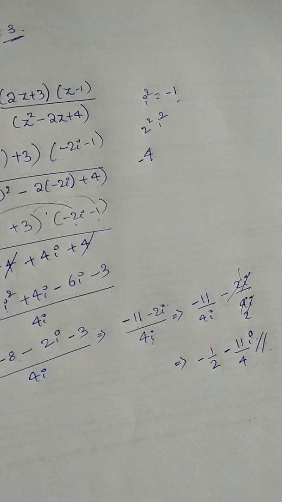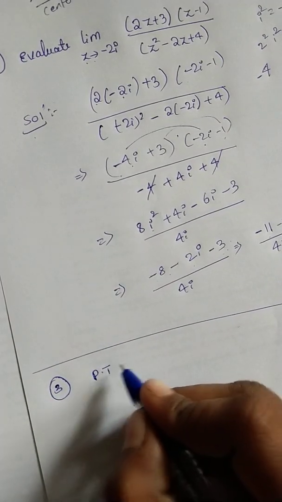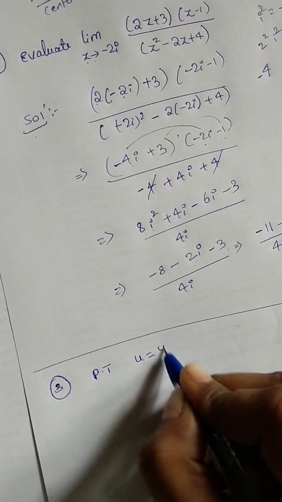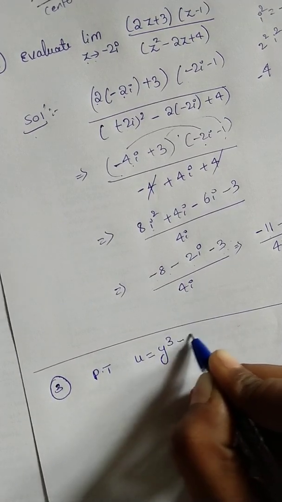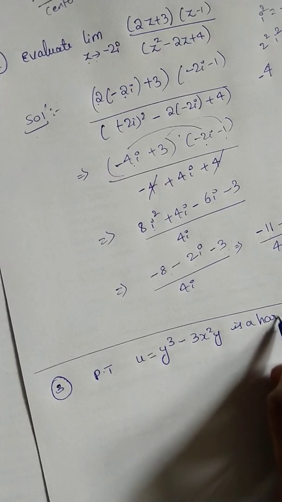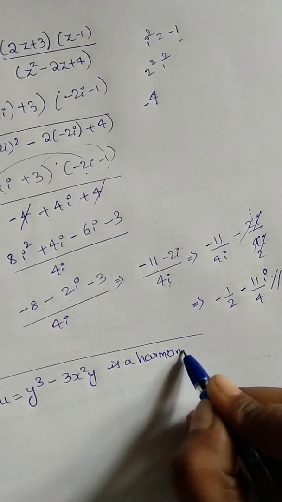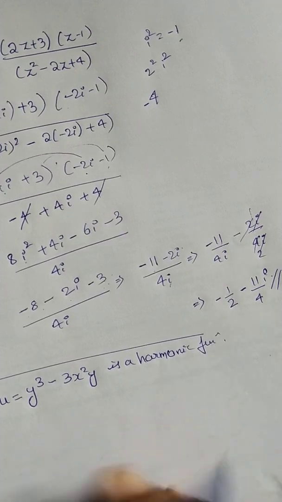final answer. Third question is, we have to prove that u equals y cube minus 3x square y is a harmonic function. That is the question.